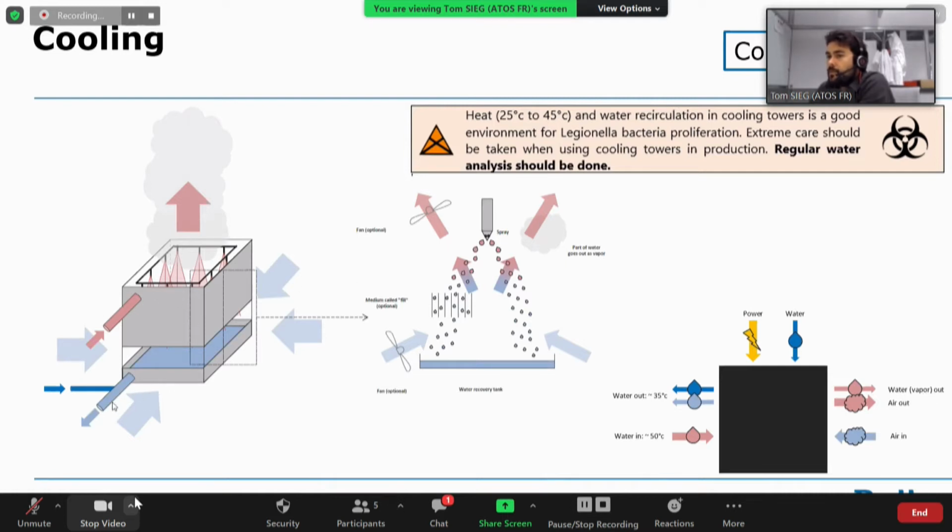Because you're losing water during this process, you have to add cold water from a water supplier or from a tank. So this cooling tower will use power and lose water. It's exactly the same as the adiabatic, but this time, with a cooling tower, we have to use water. It's not a choice. You always have to use water to put enough pressure into your circuit so as not to lose it.